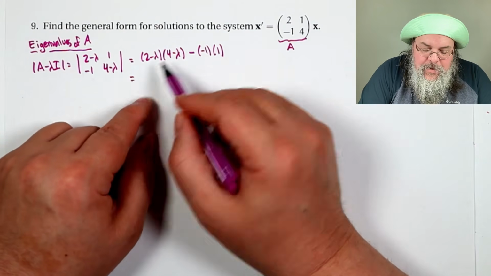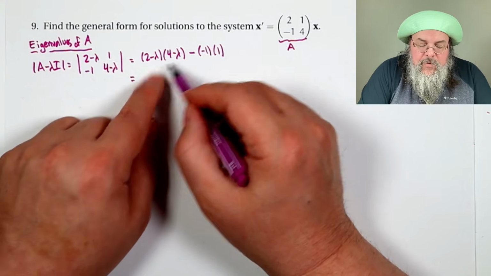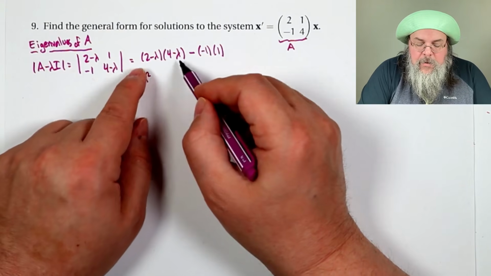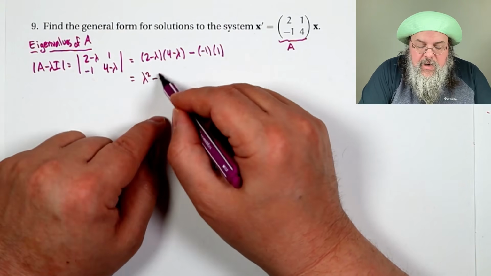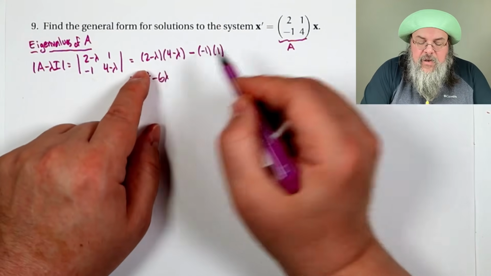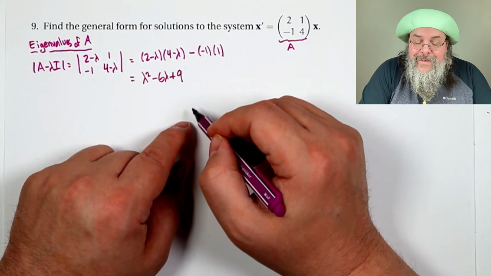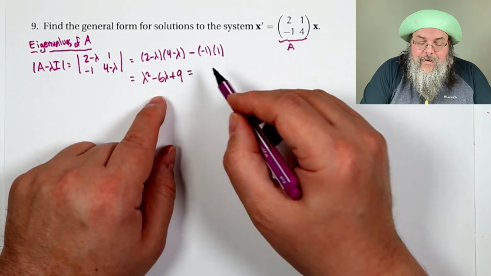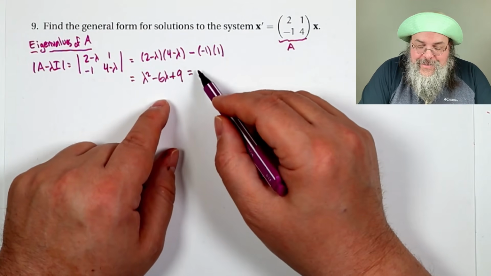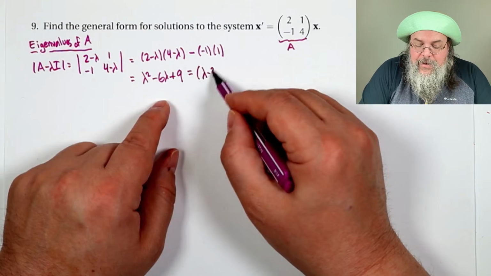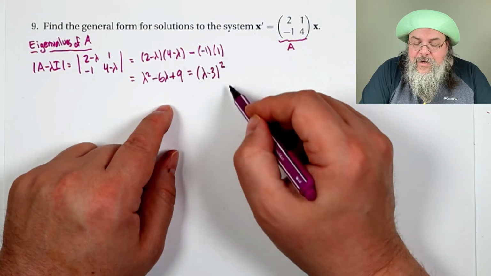Just checking something really quick. Lambda squared minus 2 lambda minus 4 lambda is minus 6 lambda. Then we have a plus 8 and a plus 1 makes plus 9. And that, well, I think that factors. It's a perfect square. Lambda minus 3 squared.